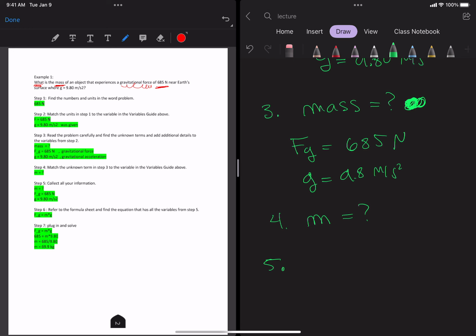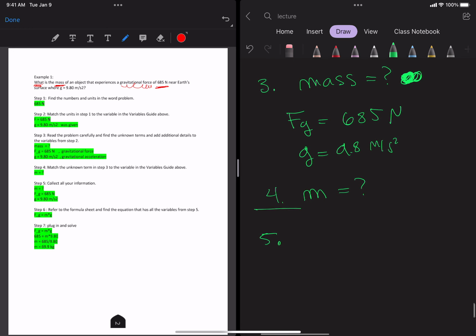Now we can collect all the information. We're trying to find M. We have FG, which is 685 N, and we also have G is equal to 9.8 meters per second squared.